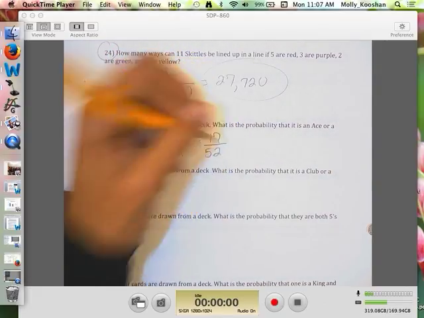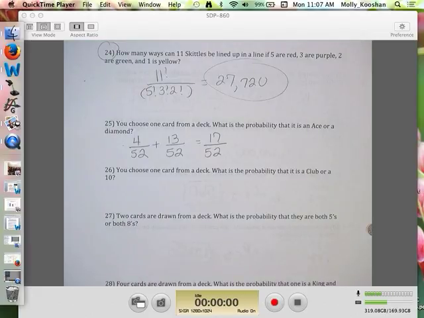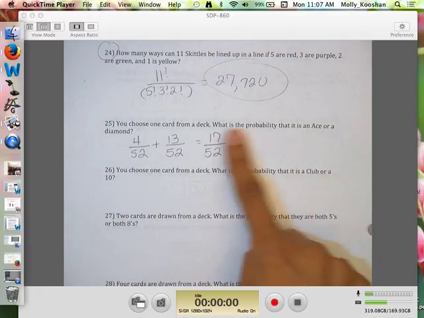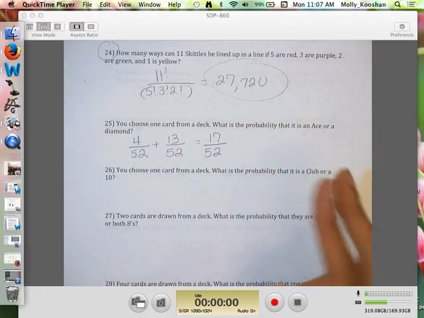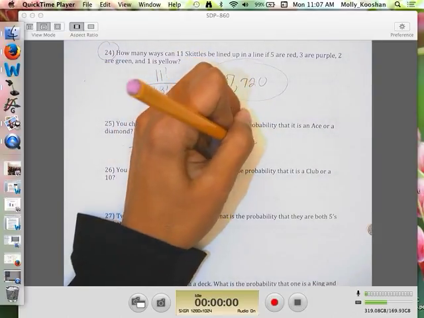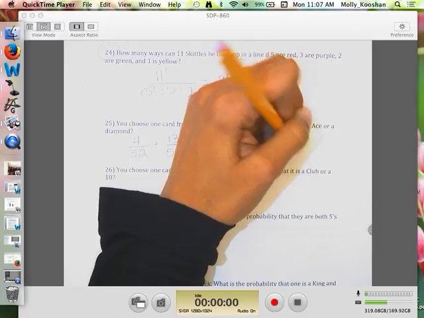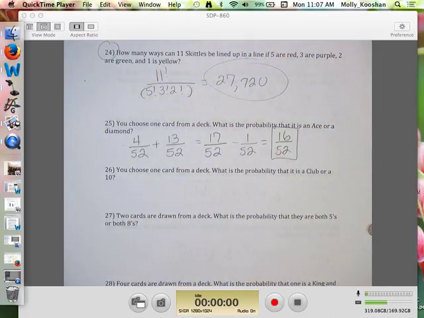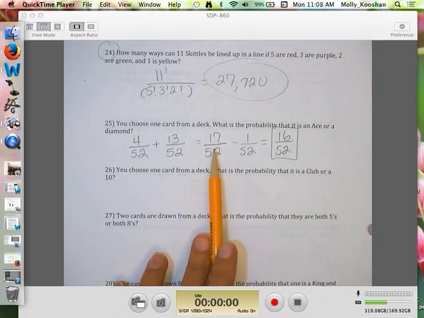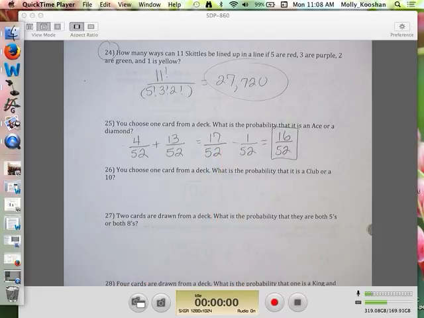The only thing we have to be careful of here is that there is an ace that is a diamond. So there's 1 overlap, and we have to account for that. So we're going to take out 1 out of 52, because one of these is both an ace and a diamond. So we're double counting. So the probability that it's either an ace or a diamond is 16 out of 52.